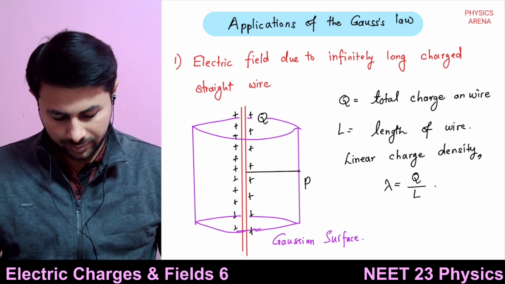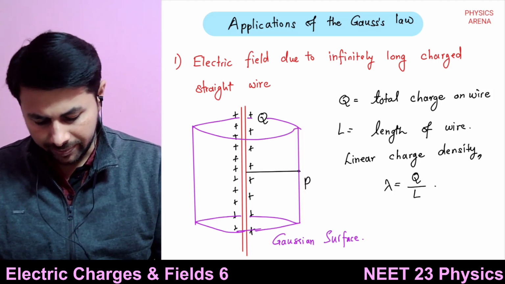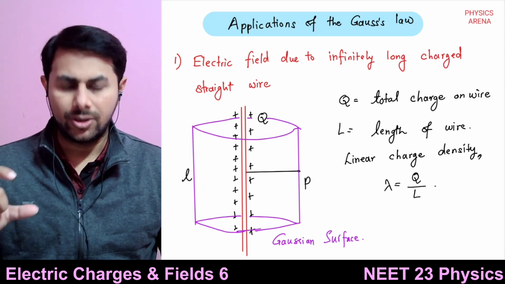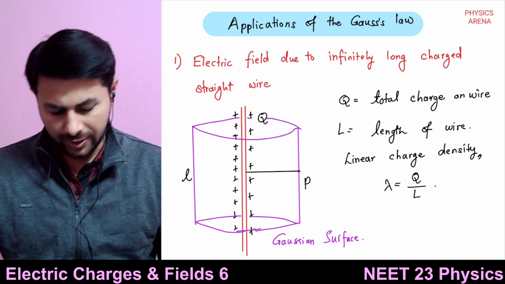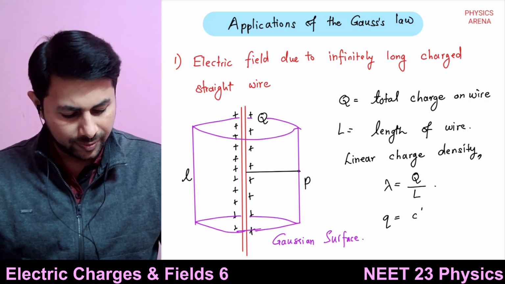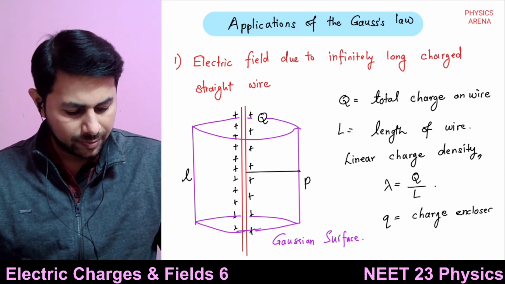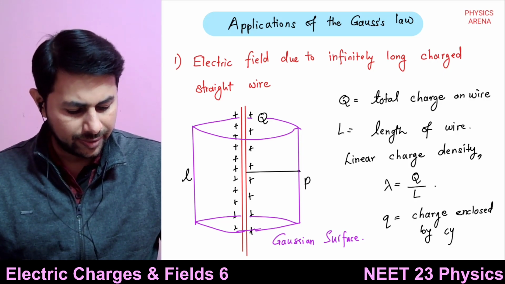Now suppose this Gaussian surface has length small l. Then how much would be the charge enclosed by the Gaussian surface, by the Gaussian cylinder?